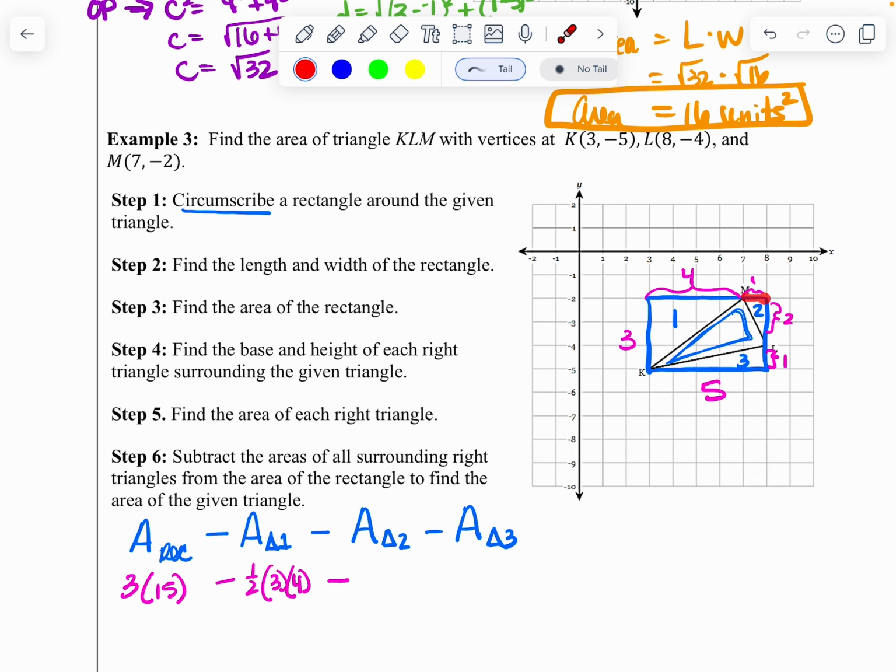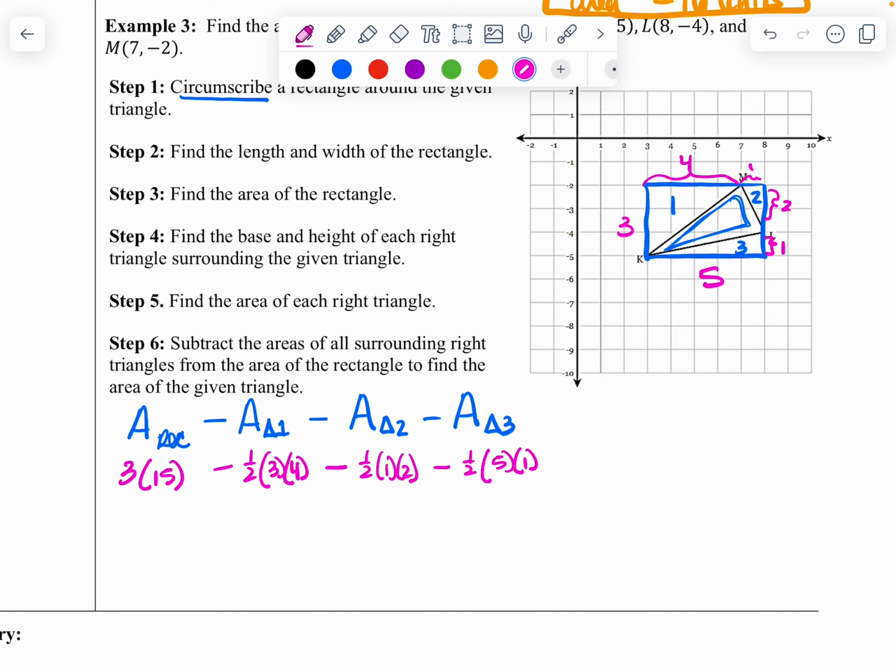The second triangle is 1 and 2, so that's half of 1 times 2. And the last triangle has 5 by 1, so that's half of 5 times 1. Then we just simplify all of that, and we get 15 minus 6 minus 1 minus 2.5.